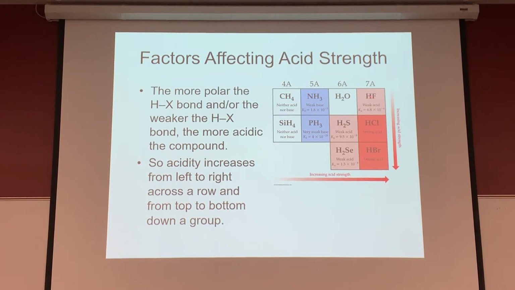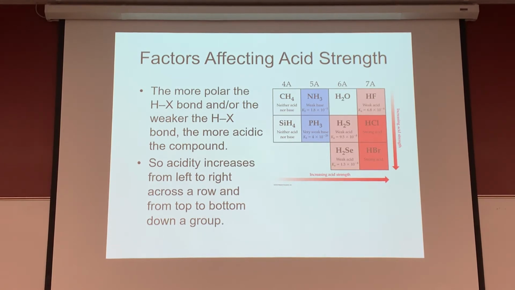What trend is that? As you go top to bottom, the acids get stronger. So the weakest is HF and HI would be the strongest. That is the trend that you're looking at. And this one in particular, fluorine, because it's got a really high electronegativity, actually has a pretty tight hold on that proton that's sitting there.